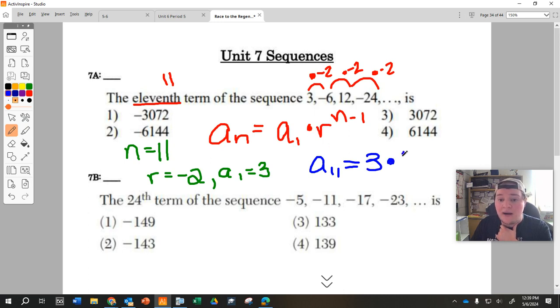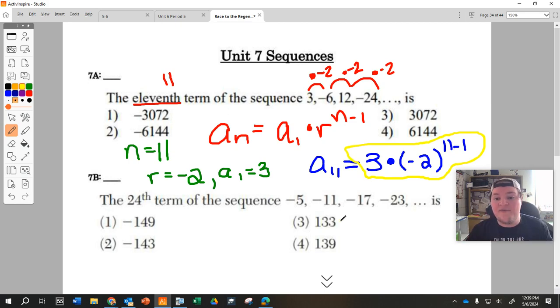times r. I'm going to use parentheses here. R is my ratio. My ratio is times -2, so I'm going to put -2 in here, to the n minus 1. N is 11, so I'm going to make this 11 minus 1. Now, we know what 11 minus 1 is. It's 10. You could write 10 instead, but I'm going to leave it as 11 minus 1. Grab your calculator, type in everything after the equal sign, all that stuff right there in yellow, and click enter, and you have your answer.